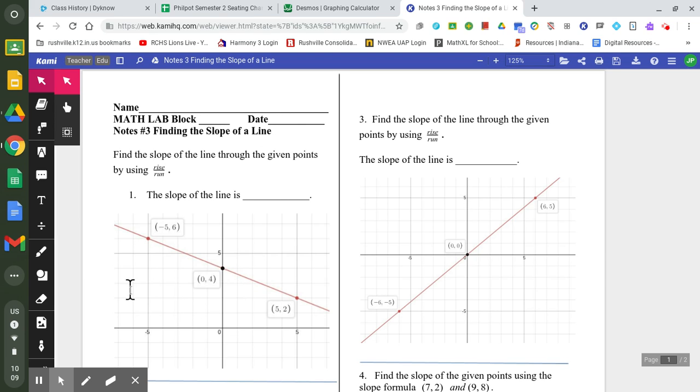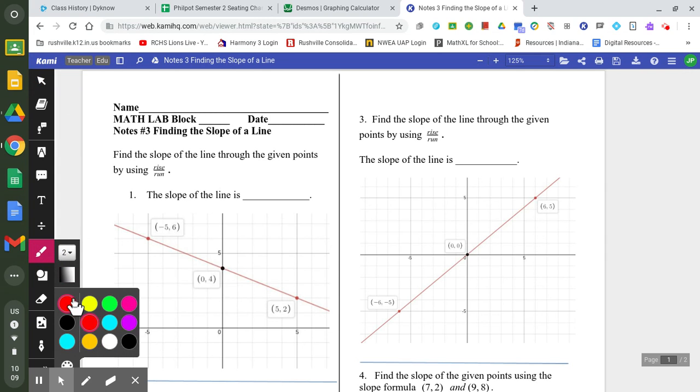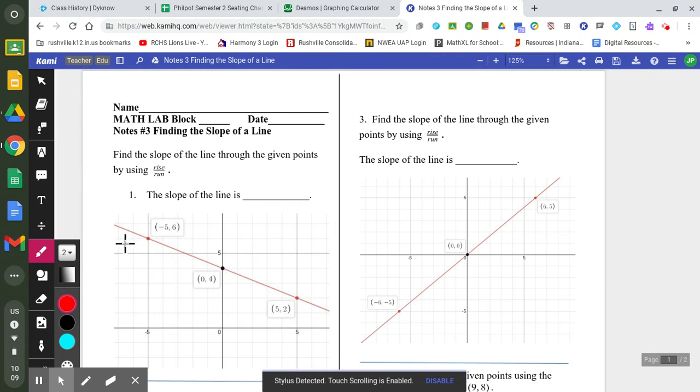So this is a video for notes 3, finding the slope of a line. So on number 1, we have a line and they gave us 3 points. To find the slope using rise over run, I'm going to go from this point and I'm going down 2.